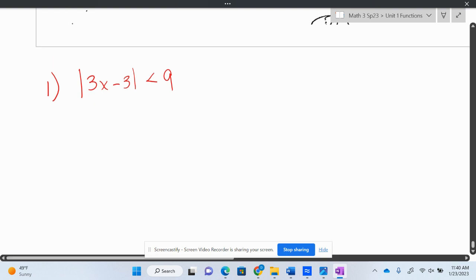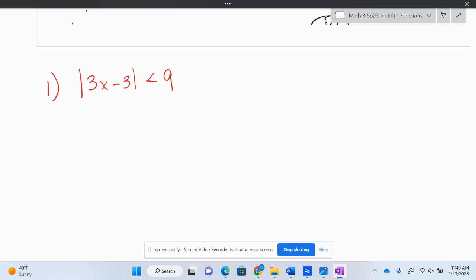So this is what symbol? Less than. So here's how I say that. I say that this is a less than. I know it's not spelled like that, but it's a less than, meaning that my solution is going to go something like this.